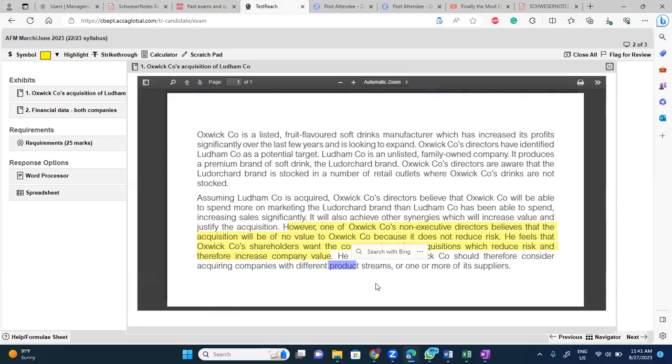Is it okay to acquire a different product stream, or should we acquire this same Ludem company with a premium brand? Will acquiring the other company give us some benefits with different products?